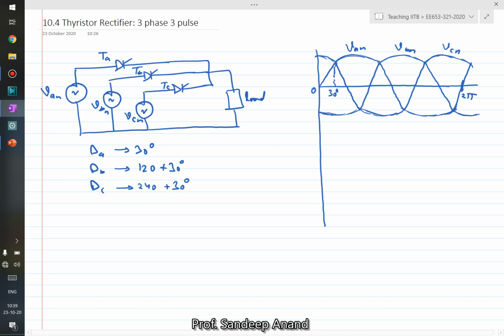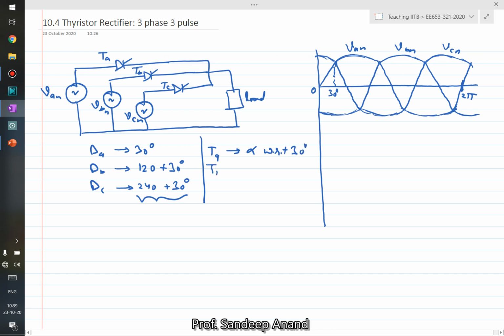And therefore here, the way we have defined alpha, which is the firing angle for the thyristor, we define with respect to these values. So for thyristor A, we define alpha with respect to 30 degrees, right?